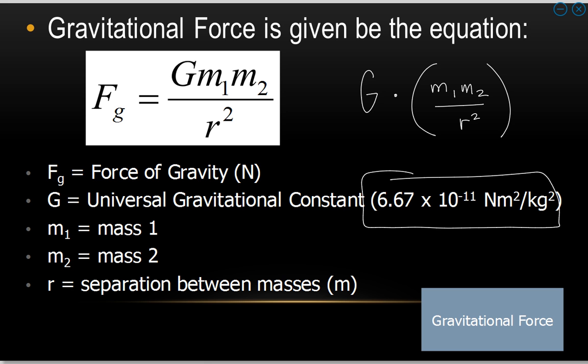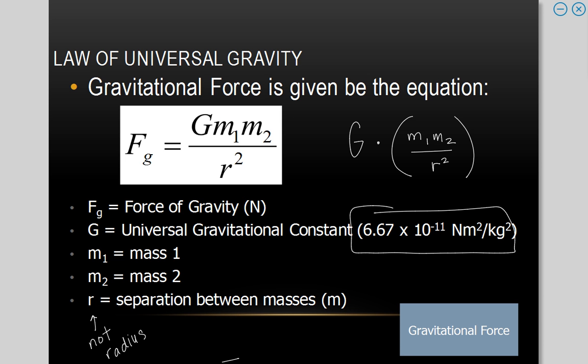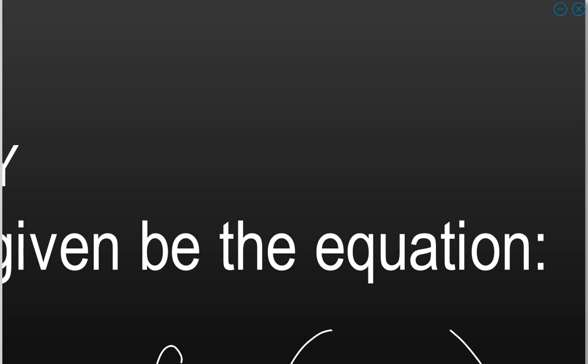So make a note that this r is not the radius. It's not a great letter chosen because it can be a little bit confusing. But r is not the radius. Let me draw this for you. So here is object 1.